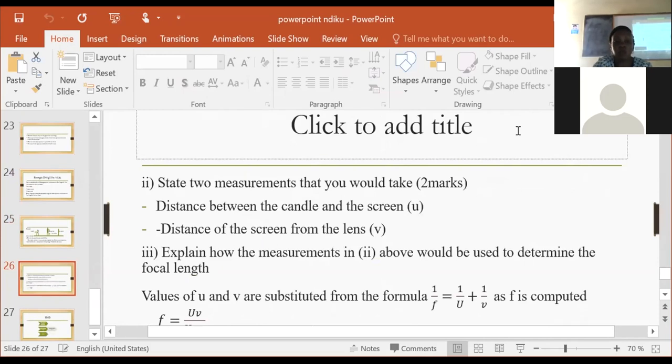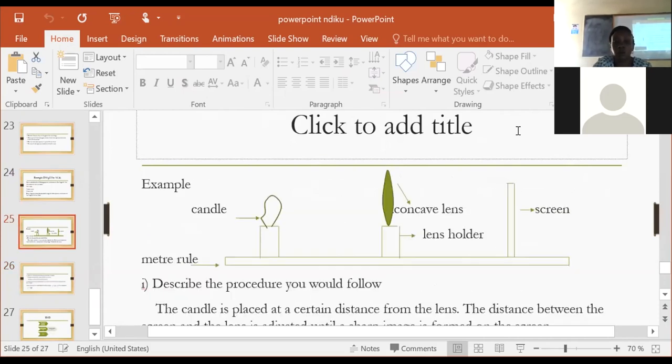Then we have the question whereby we are to describe the procedure you would follow. We have the candle placed at a certain distance from the lens. The candle is the object.